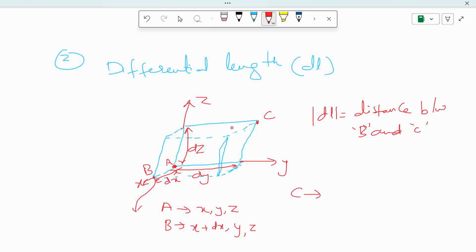In this direction we have got dy, and in this direction dz, so C is nothing but (x, y plus dy, z plus dz).